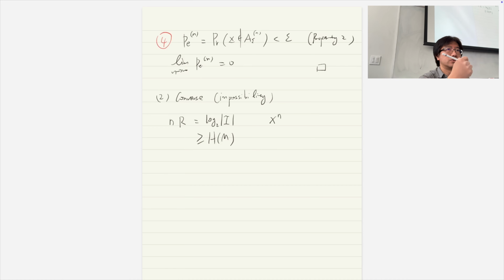XN is our source information, and then we encode that into SN, which is our indices from 1 to the cardinality of I, and then we do the decoding, right? This is how we do that. Because this is the code alphabet, that will be bigger than the entropy of M. So this is the cardinality bound.